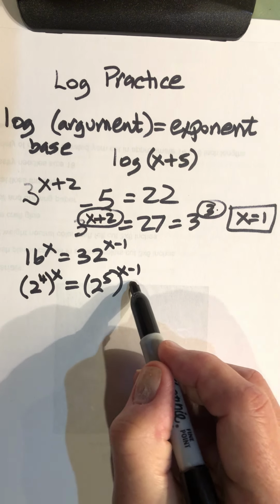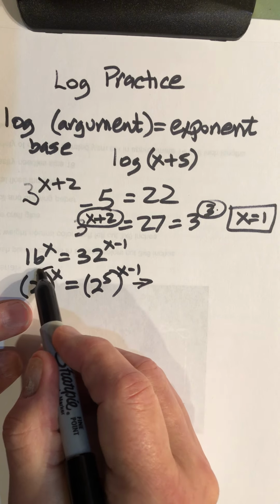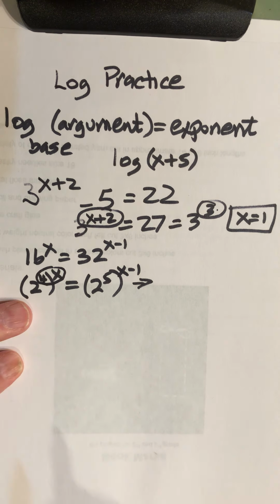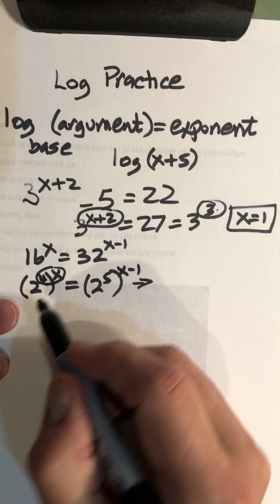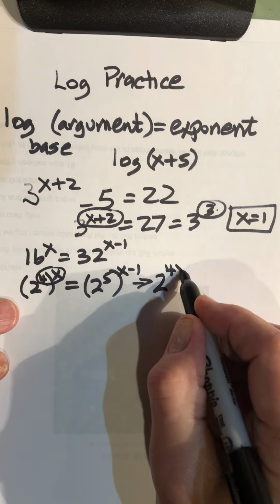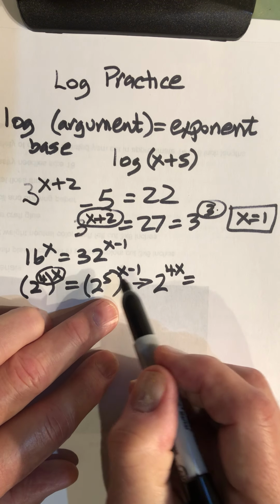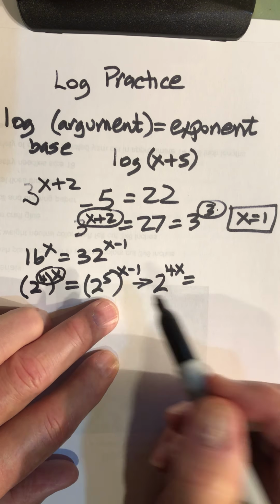Now this gets a little bit tricky. We're going to multiply these exponents. This is a power of a power. So 2 to the 4x equals what? 2, and it's 5 times the entire x minus 1.